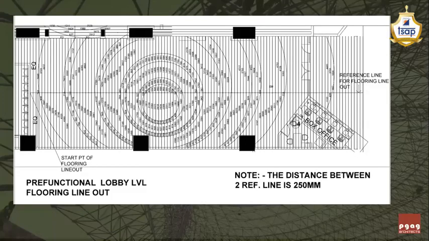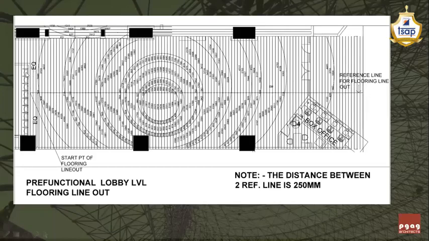So he is supposed to refer to your drawings as they are, and study the drawings well in detail so that he is aware. While doing the line out of this particular curved flooring, he is supposed to form a center line of the space, which is well displayed here as the reference lines for the flooring line out.